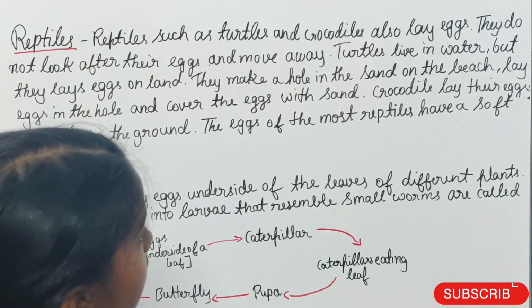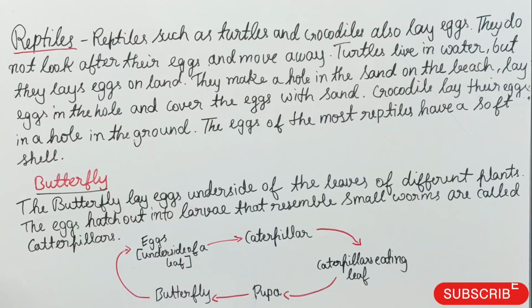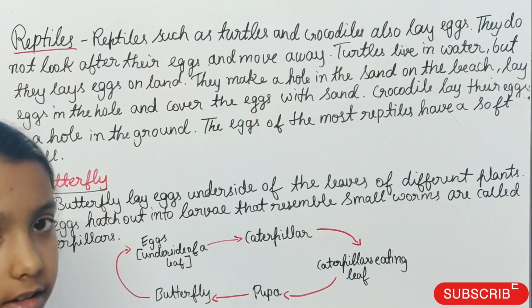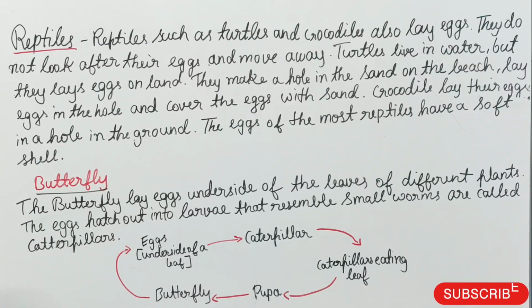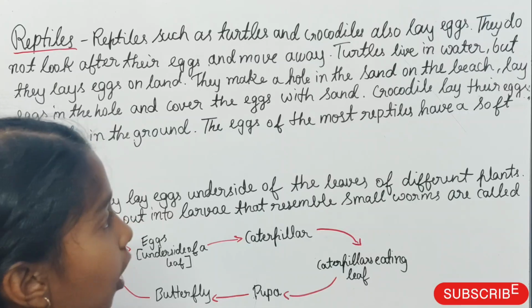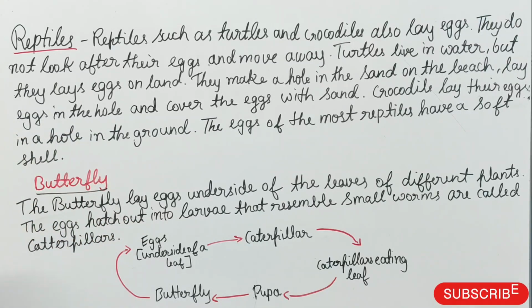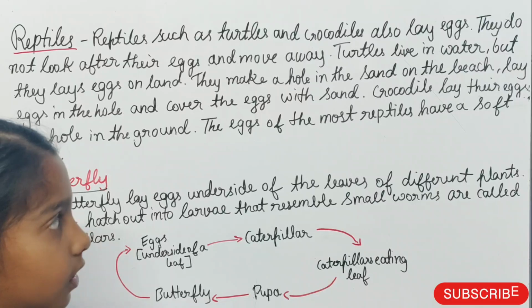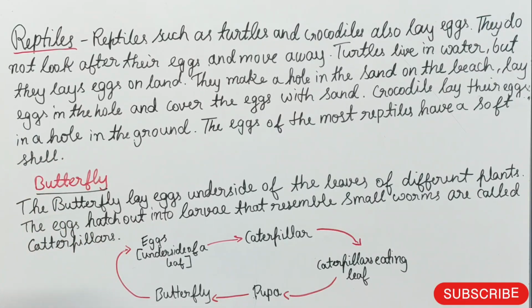Understood? Turtles live in water, but they lay eggs on land. Okay? They make a hole in the sand on the beach, lay eggs in the hole and cover the eggs with sand. Okay? Crocodiles lay their eggs in a hole in the ground.